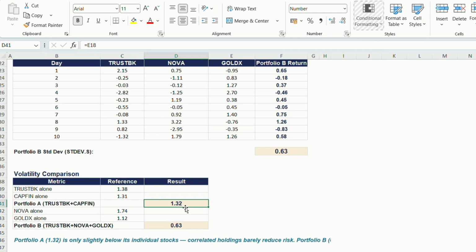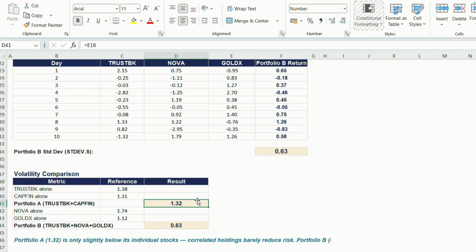The trust bank alone has a standard deviation of 1.38, which compared with this portfolio is barely different. You added a second stock but didn't actually reduce your risk much, because both stocks are reacting to the same thing. That means they are correlated to each other, moving in the same direction.